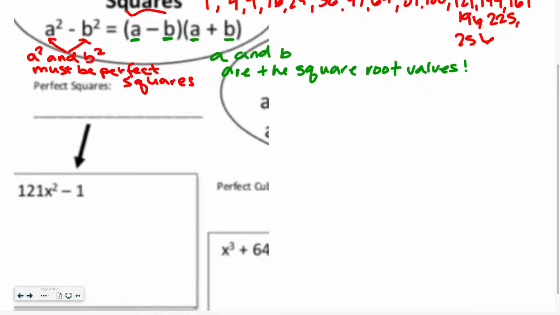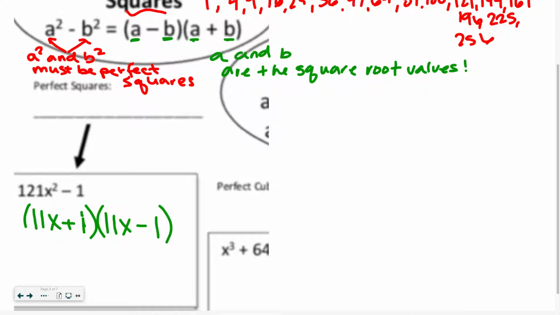And the square root of x squared? X. So the first term, where I would see a, would be 11x in both parentheses. And what would my second term, my b value, be? Just 1. So we have 11x plus 1 and 11x minus 1. That's factored, it's just done.